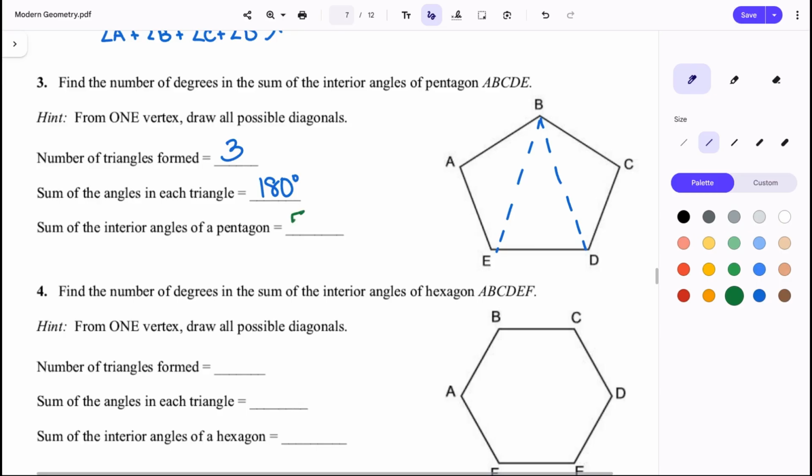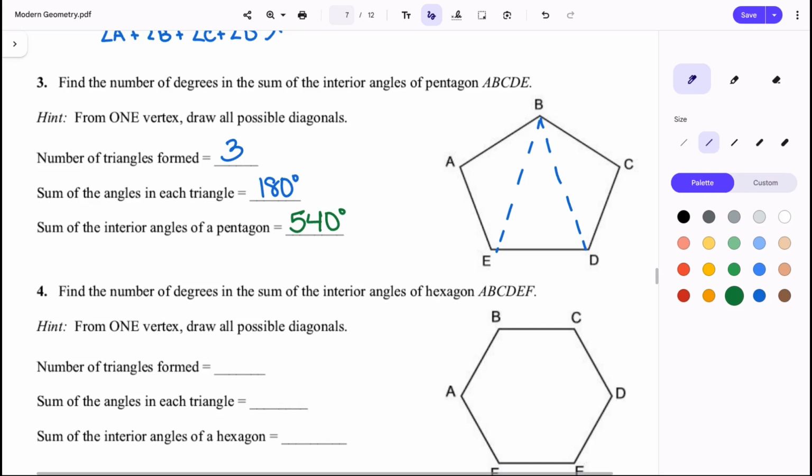How did you get that number? You took 180 times 3 because there's 3 triangles. They each equal 180 degrees. So we just did a quick multiplication there. And that's 540. You could also add 180 plus 180 plus 180, and you would still get 540 degrees.